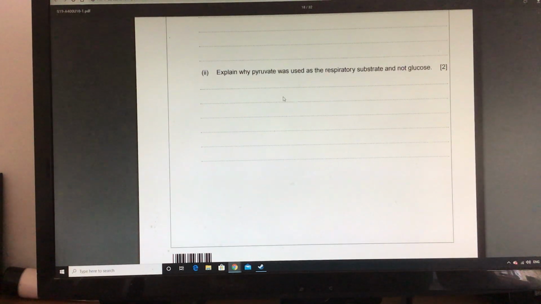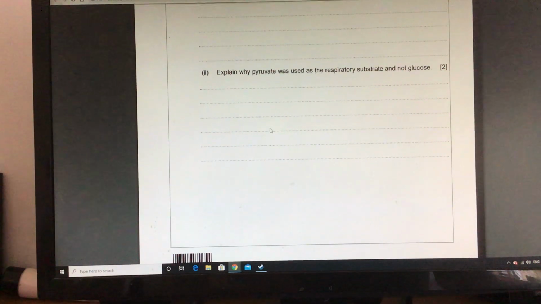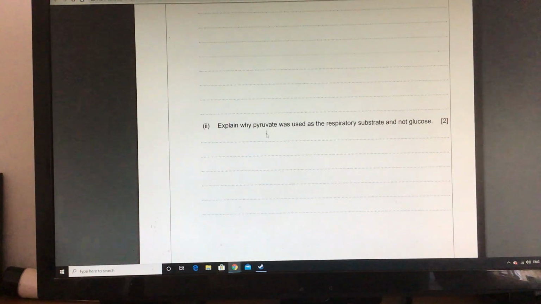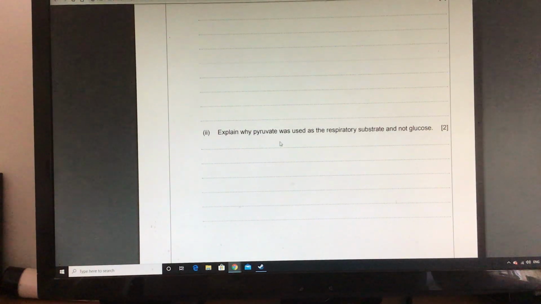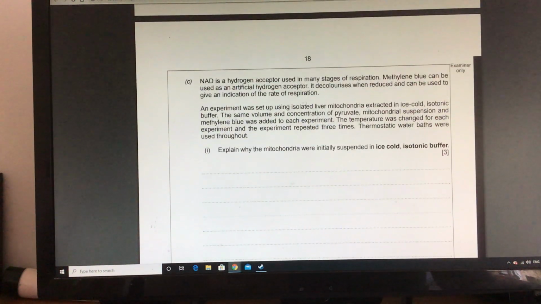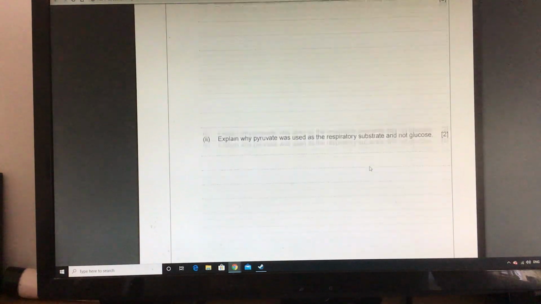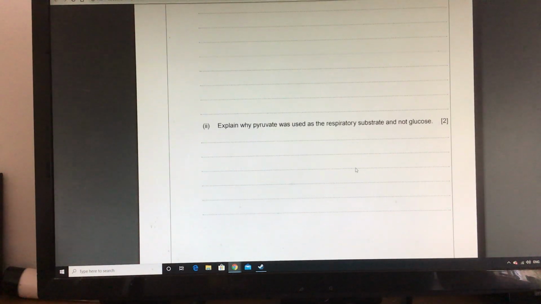Pyruvate. Why is it used rather than glucose? What process are we looking at? If we're looking at a process in the mitochondria, which may no longer be glycolysis, which may be link and then the Krebs cycle. Let's have a look. Isolating liver mitochondria. So what process is happening in mitochondria, which is then everything that follows on after glycolysis.